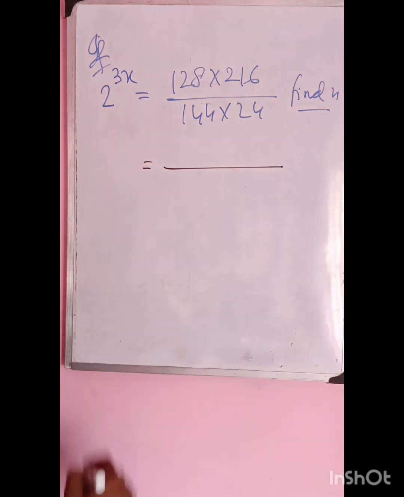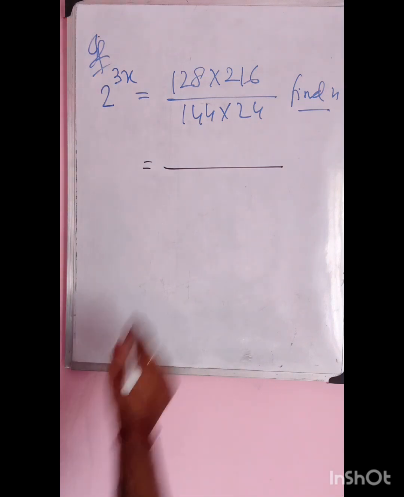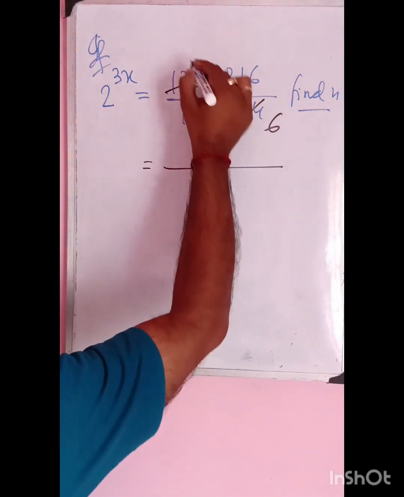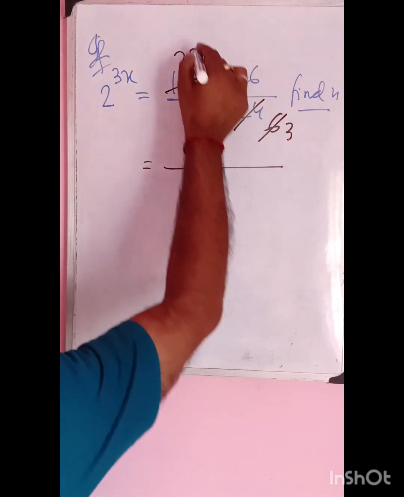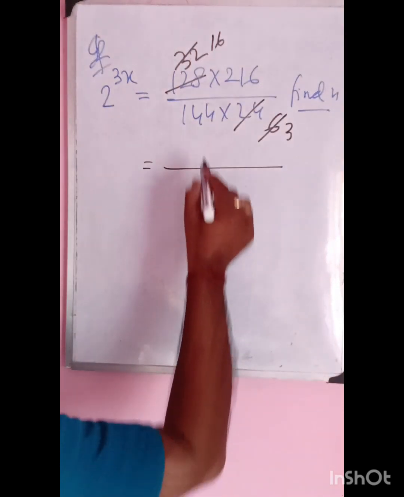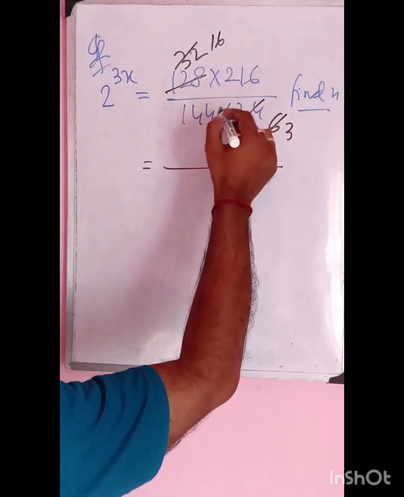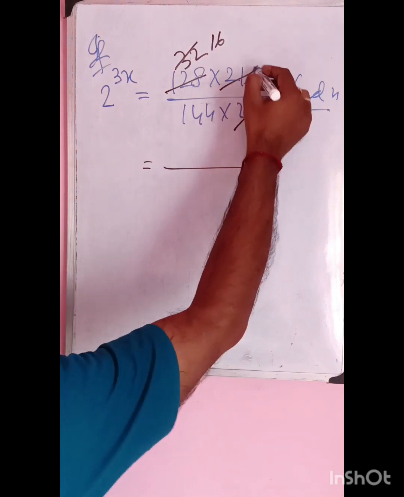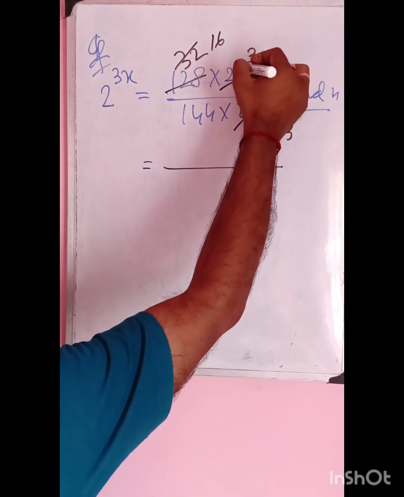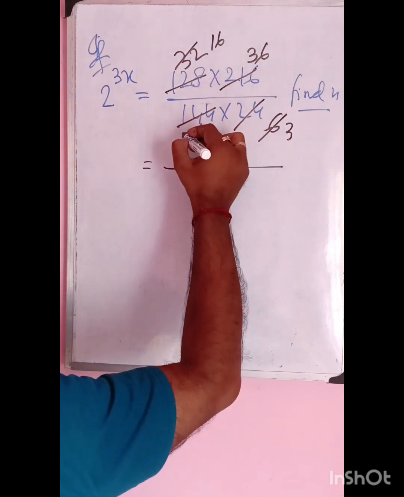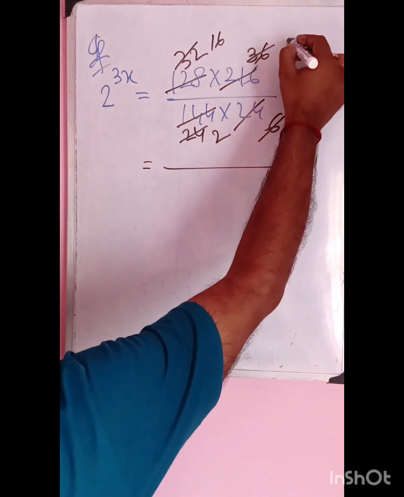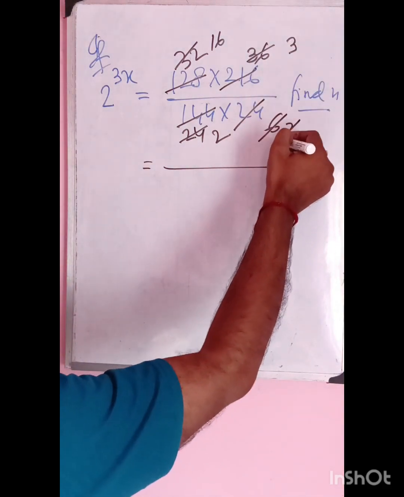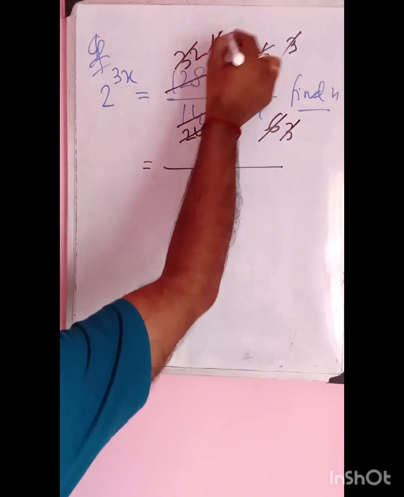We can simplify this side, isn't it? Say 4, 6, 32, 2, 3, 16. Again 6, 12, 8.